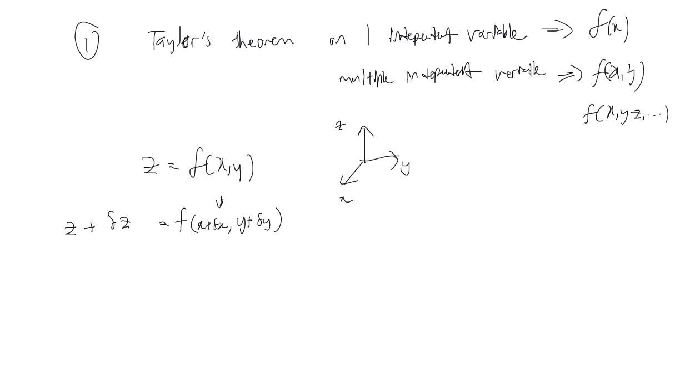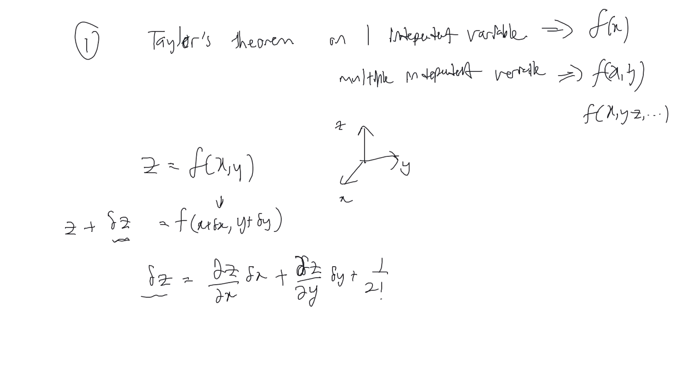And if you do Taylor's theorem, you will have the delta z. So delta z is the uncertainty here. So delta z equals round z over round x delta x plus round z over round y delta y plus the rest of the terms.